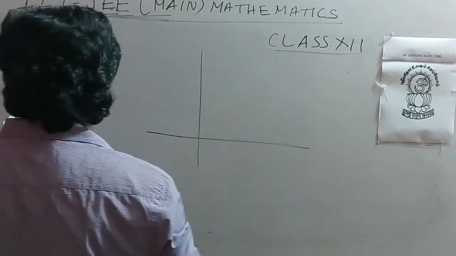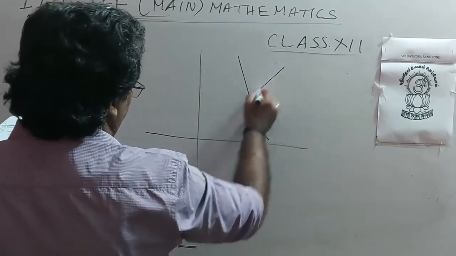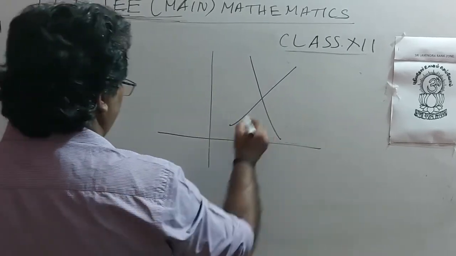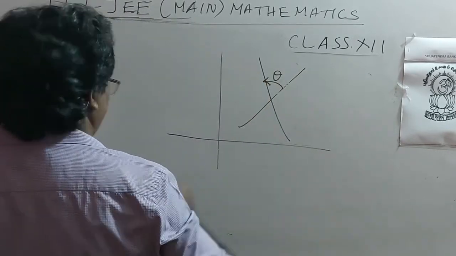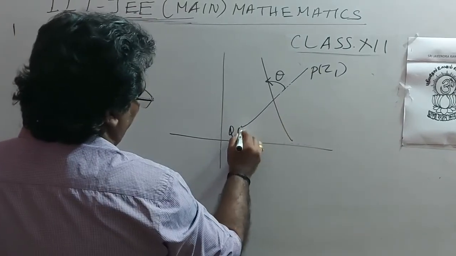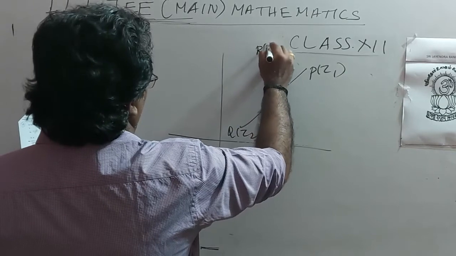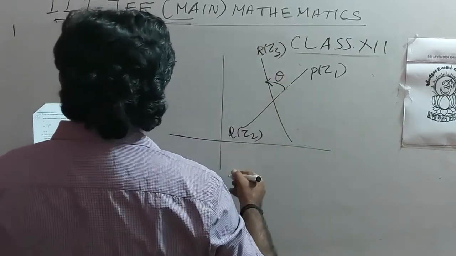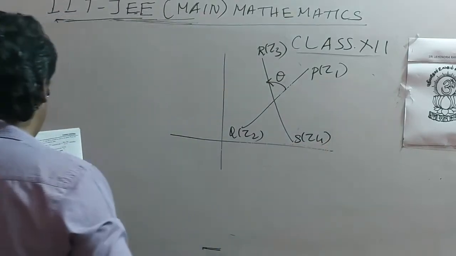Consider the Argand plane. Here theta, P of Z1, Q of Z2, R of Z3, S of Z4.